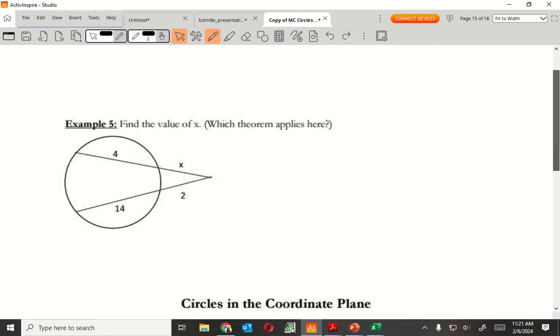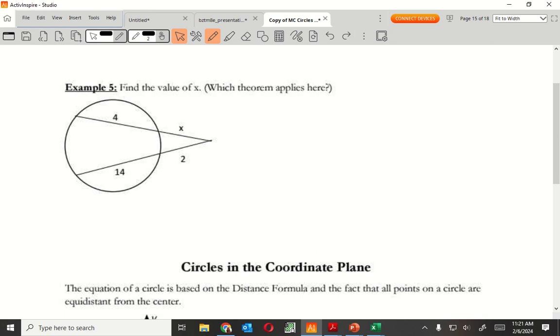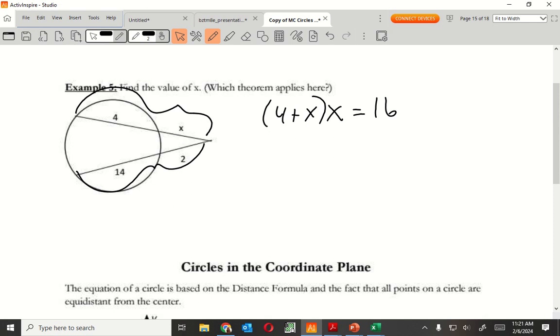So let's go ahead and do the problem. From this one right here, I'm going to do the whole thing, which is going to be 4 plus X times the outside, which is X, is equal to 14 plus 2 is 16 times the outside, which is 2.